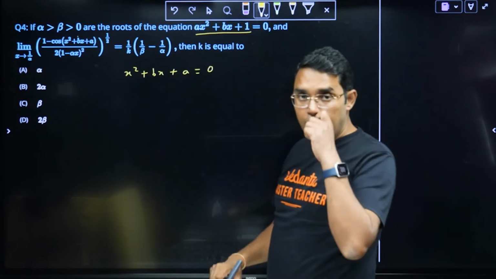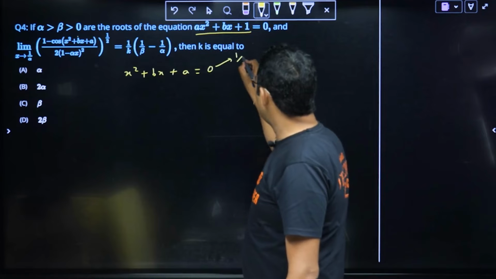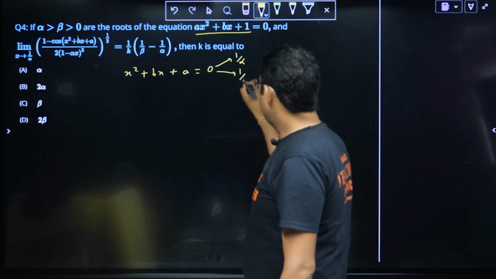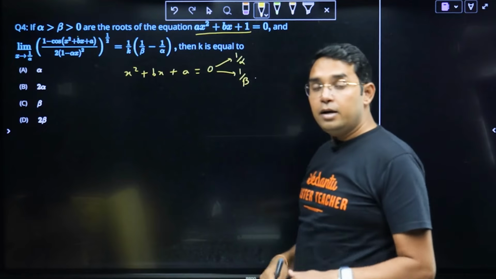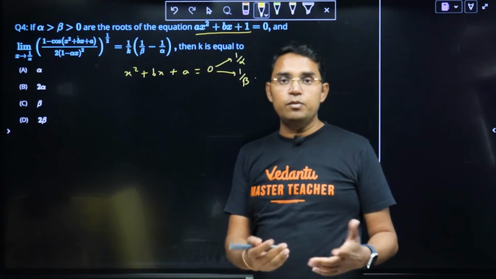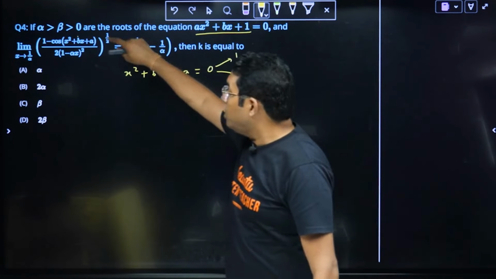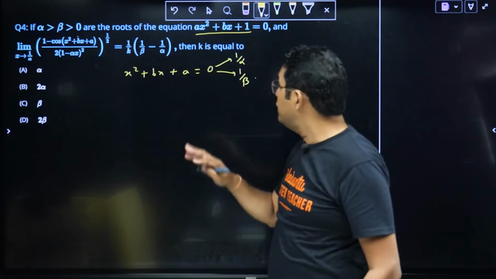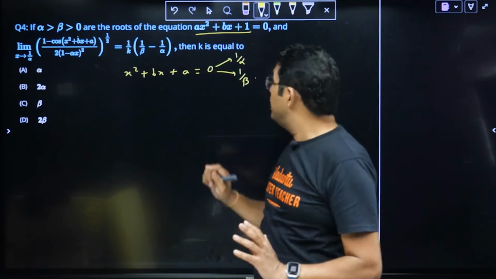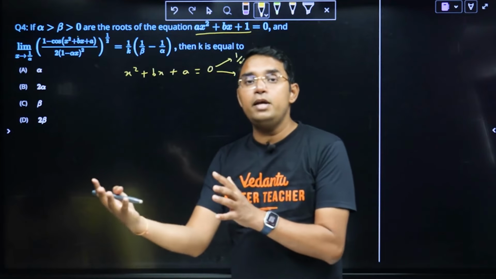This kind of quadratic will have roots to be actually 1 upon alpha and 1 upon beta. You can do this thing with the help of sum of roots, product of roots also, or by transformation of quadratic or transformation of equations also. So whenever all the roots are reversed or taken reciprocal of themselves, then new polynomial equation will be just by reversing the order of the coefficients.